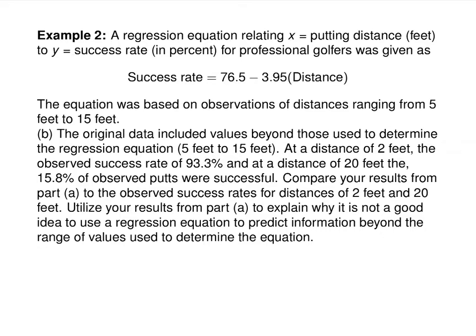Why is it not a good idea to use a regression equation to predict information too far beyond the range of values? At 2 feet, did we underestimate or overestimate success? We underestimated success, by a lot, right?